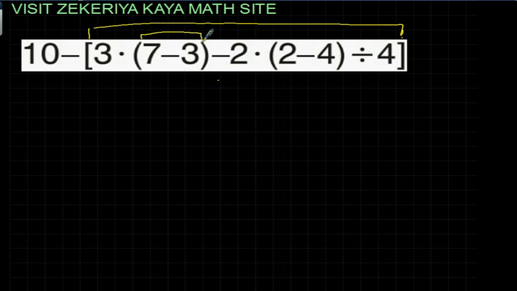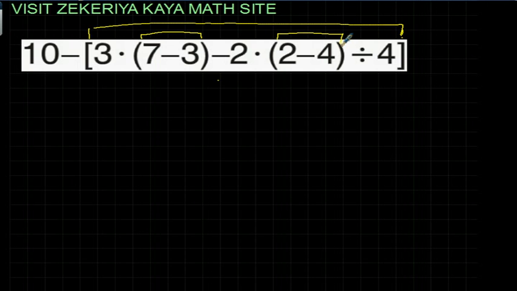Inside of smaller parentheses, I have another calculation, 7 minus 3. So firstly, I need to make 7 minus 3. Then I need to multiply it with 3. Then after that, minus 2 times 2 minus 4. Inside of the smaller one, we have another calculation, and divided by 4 again.